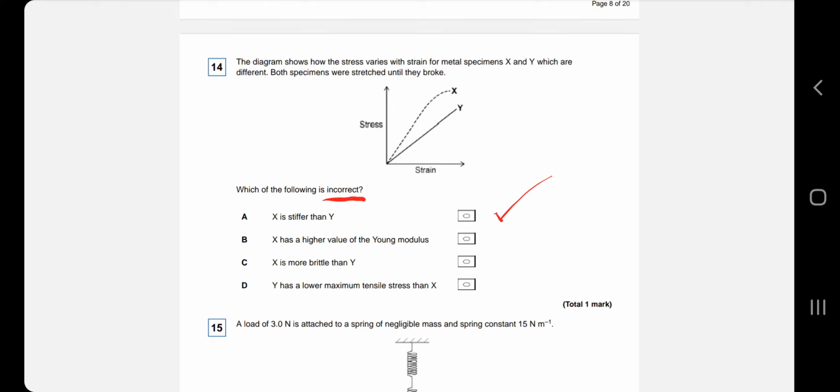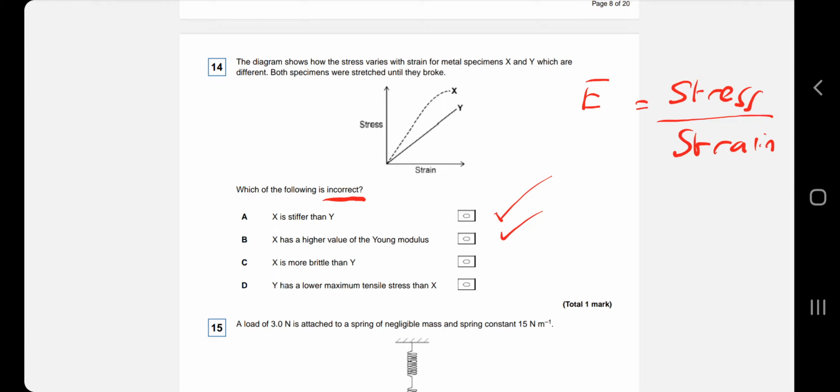B, X has a higher value of the Young's modulus. Young's modulus, if you remember, is stress over strain, and this is a stress over strain graph. So the steeper the gradient, the higher the value of Young's modulus, and X does have a steeper gradient, therefore that is correct as well.